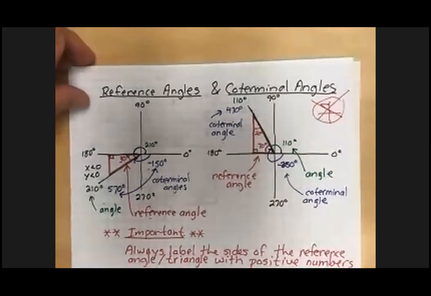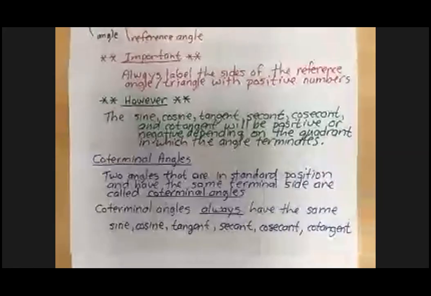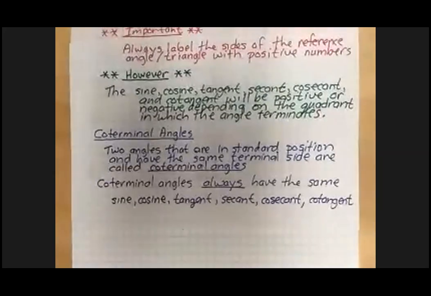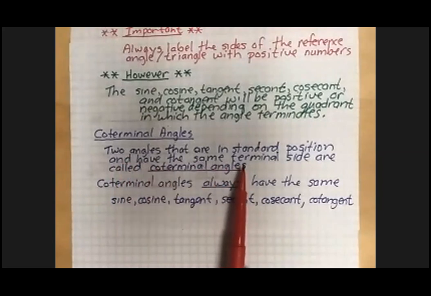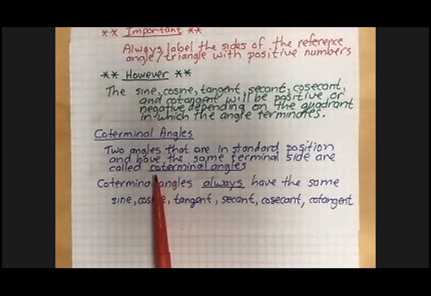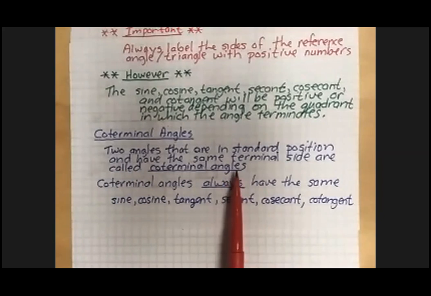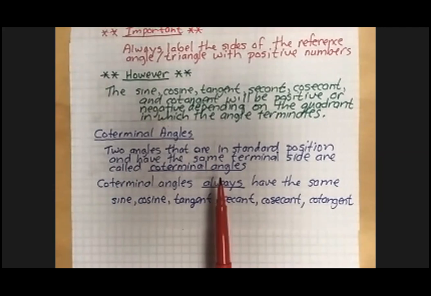So the first thing I need you to do is get this terminology straight. Coterminal is when your angles have the same starting position and the same terminal position. Same starting position on the positive x-axis, same terminal angle, but you might have thrown in or taken out a couple of full spins, a couple of full rotations.